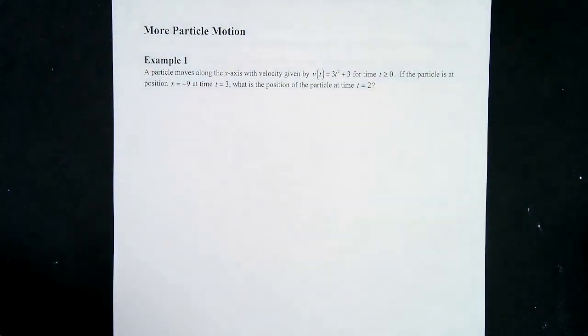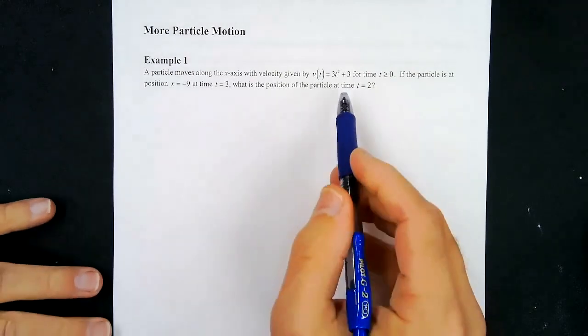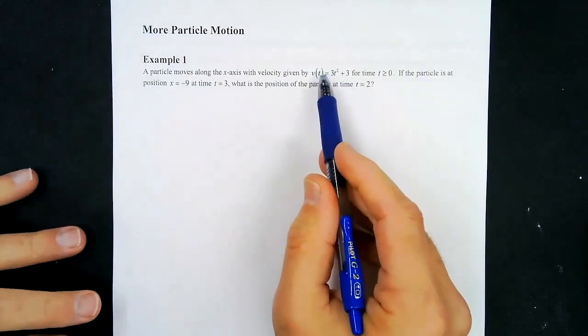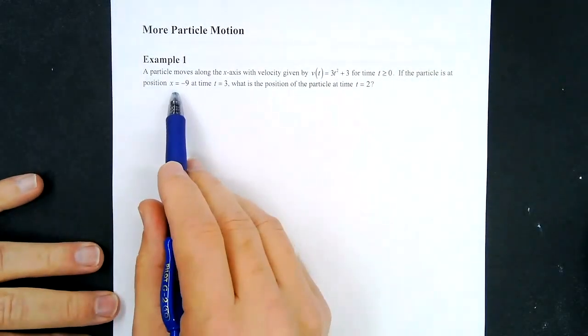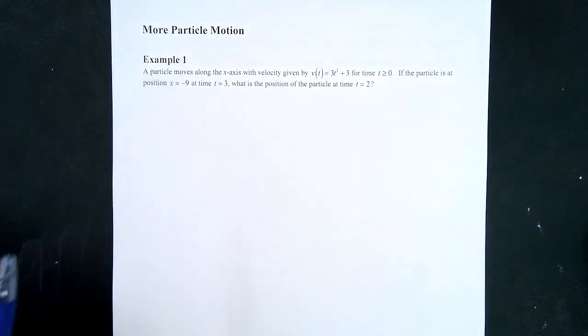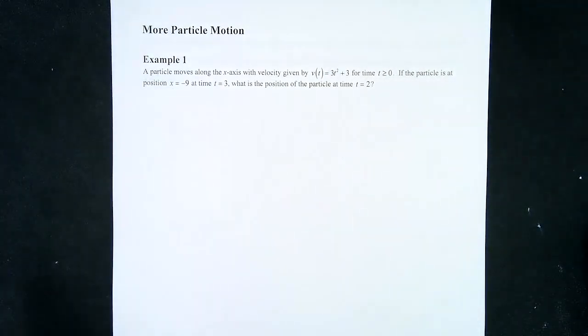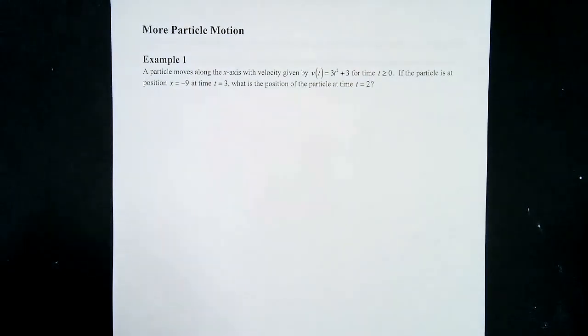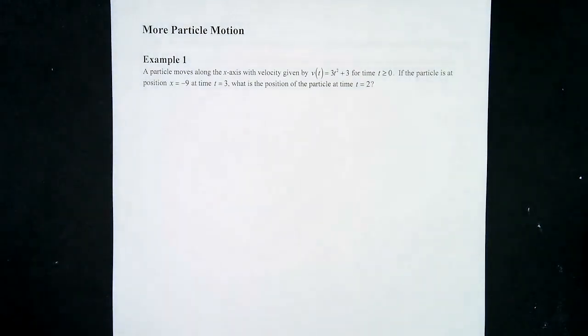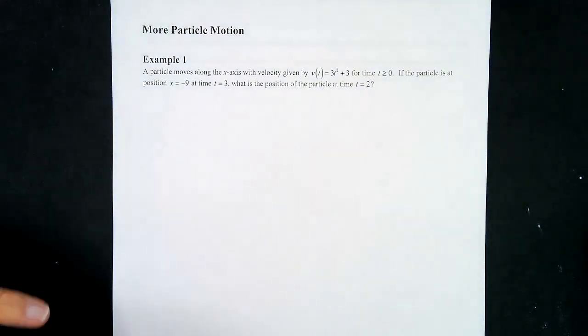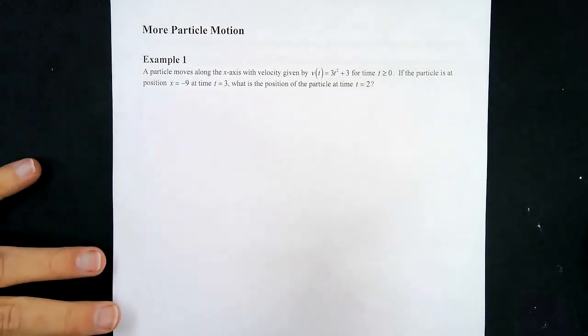Because we have the velocity function, we can integrate that, and the antiderivative of velocity is going to be position. And when we integrate a definite integral, we have to evaluate the antiderivatives at the lower limit and the upper limit. So that's how we're going to go about finding this, okay?